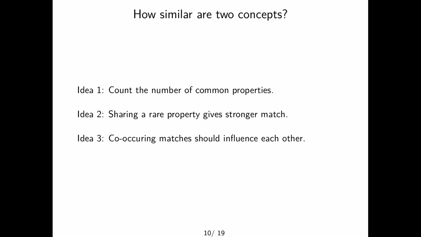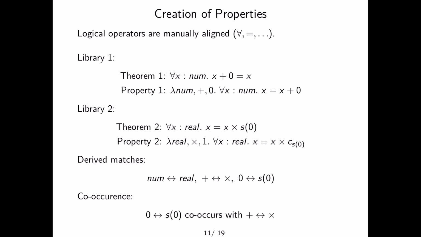And the third idea is that if you have co-occurring matches, they should influence each other. And I will tell you how this works in our original example. In our original example, you have three derived matches. Num is similar to real, plus is similar to multiplication, and 0 is similar to successor of 0.